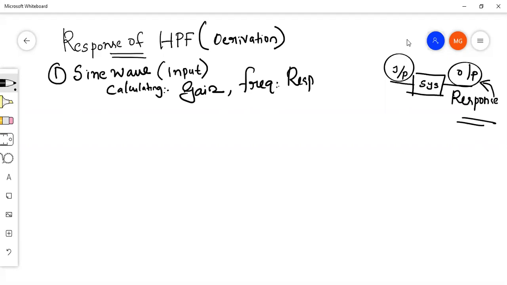Then what do you mean by frequency response curve? Gain you already know. What is frequency response curve? You have to study that. Frequency response curve is a curve that is plotted between frequency versus gain. X-axis frequency, Y-axis gain. ഇങ്ങനെ പ്ലോട്ട് ചെയ്യുന്ന കർവിനെയാണ് ഫ്രീക്വൻസി റെസ്പോൺസ് കർവ് എന്ന് പറയുന്നത്.